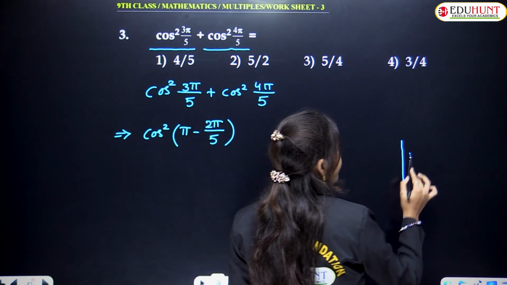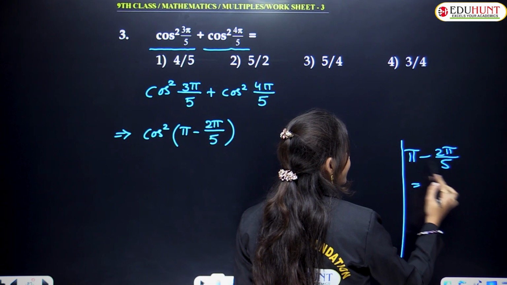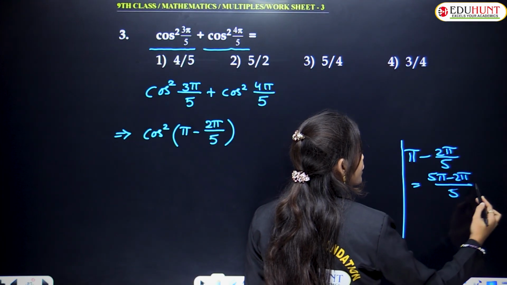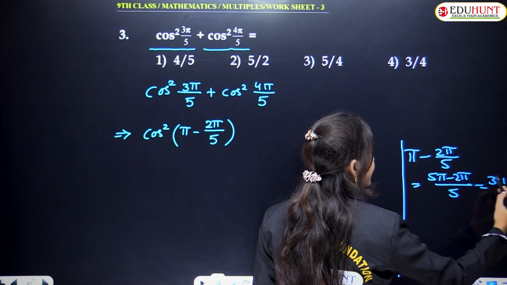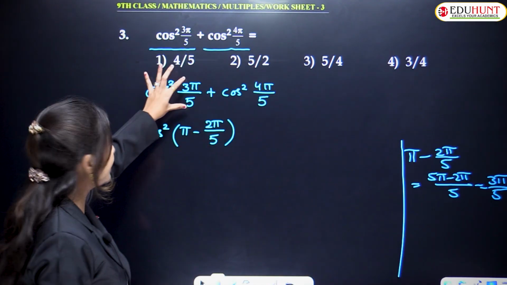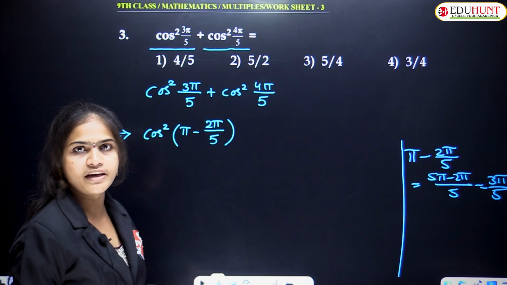See here, pi minus 2 pi by 5. Again take the LCM. 5 into pi is 5 pi, minus 2 pi by 5. So 5 minus 2 is again 3 pi by 5. That is why we wrote it like this, pi minus 2 pi by 5.